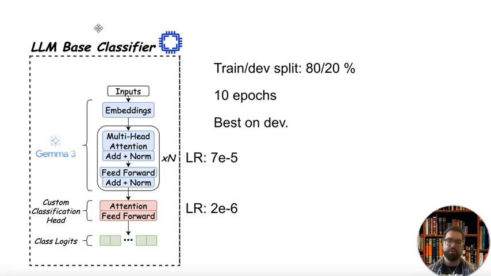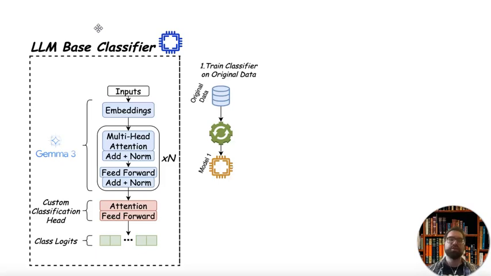Our training process consists of 5 steps, and the first step is basically training a base classifier on the original train data, the 80% of publicly available data, and receiving that model.